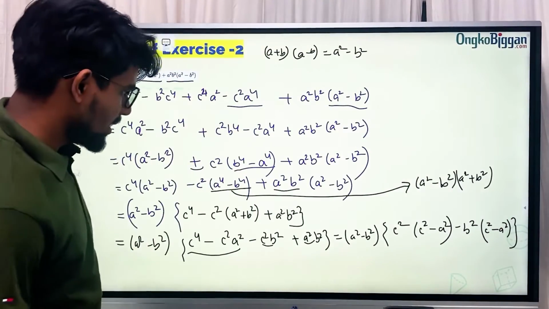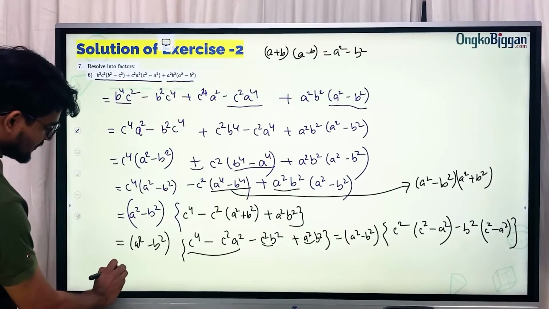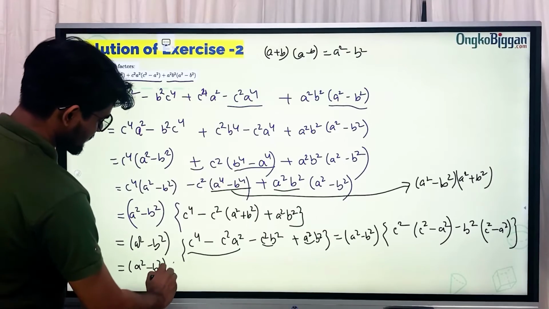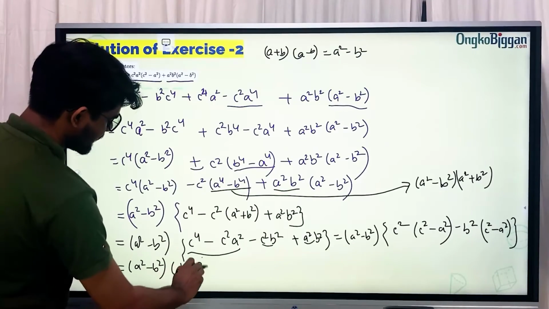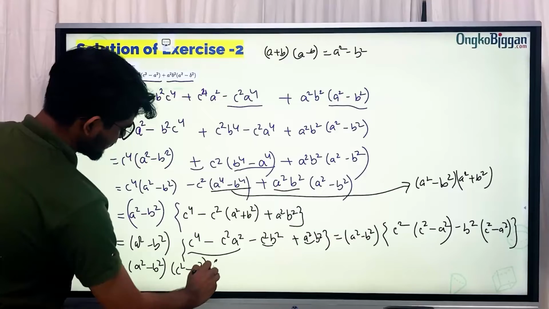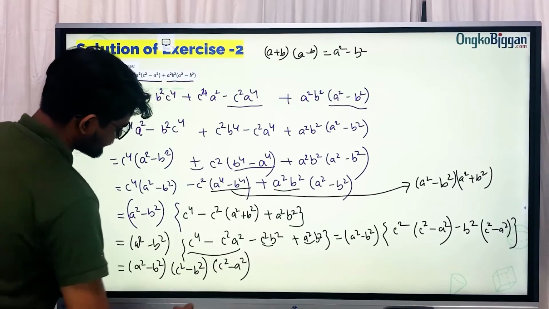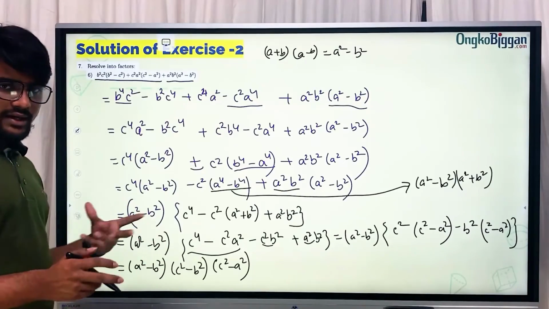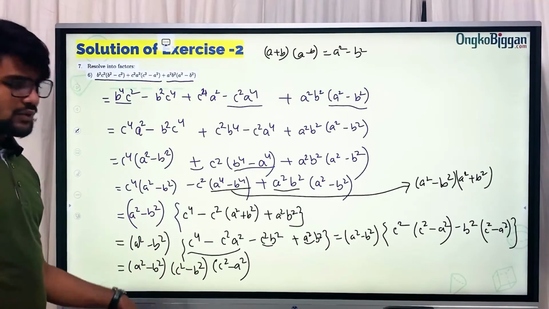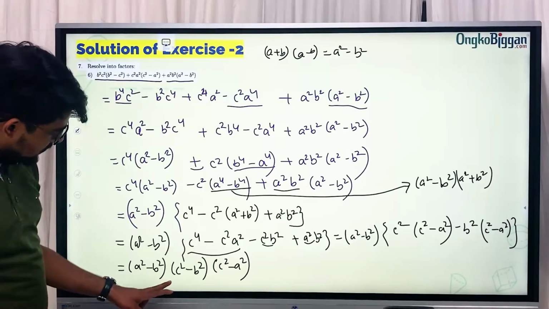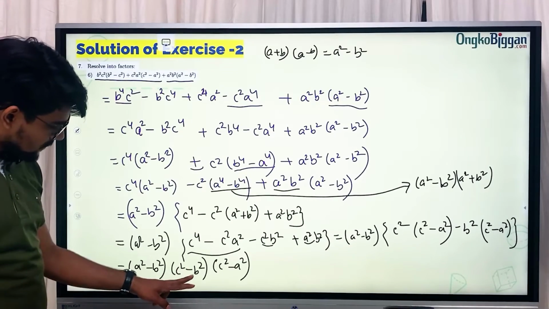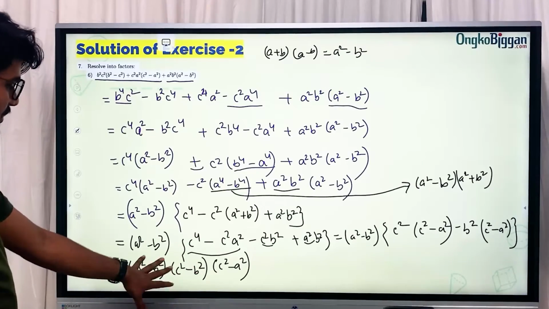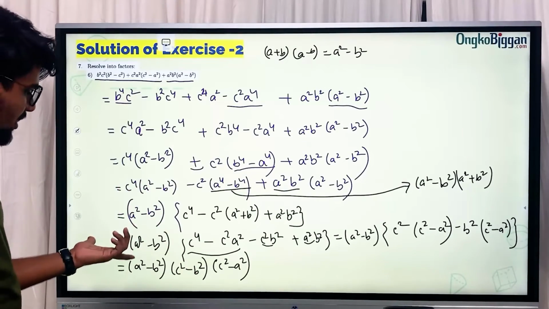So if I now write the next step, it will look like a square minus b square, then c square minus b square, into c square minus a square. But it has not been written in a cyclic order, so we are going to convert it into a cyclic expression, because b square minus c square is a different expression than c square minus b square. It's not in cyclic order right now.